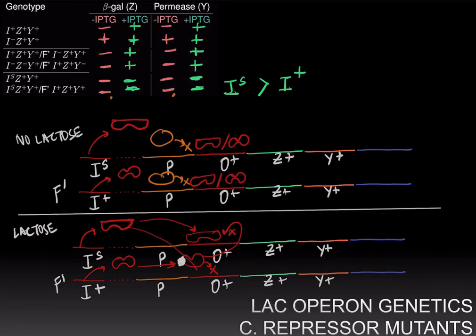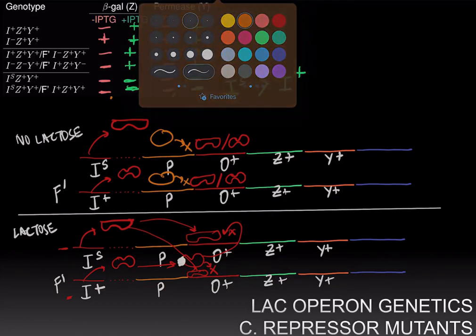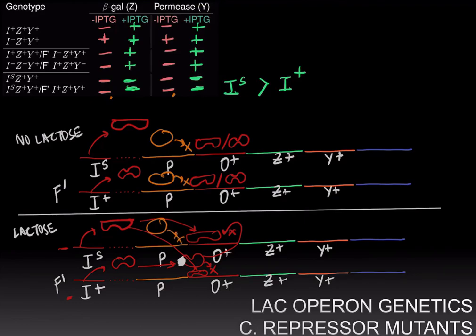Now the super repressor will bind the operator on both the DNA molecules, the chromosome as well as the F prime plasmid, and this will prevent polymerase from binding to the promoter and carrying out transcription, and that is what results in no expression of beta-gal and permease even in the presence of lactose, whereas normally it's inducible and you do get expression of beta-gal and permease.